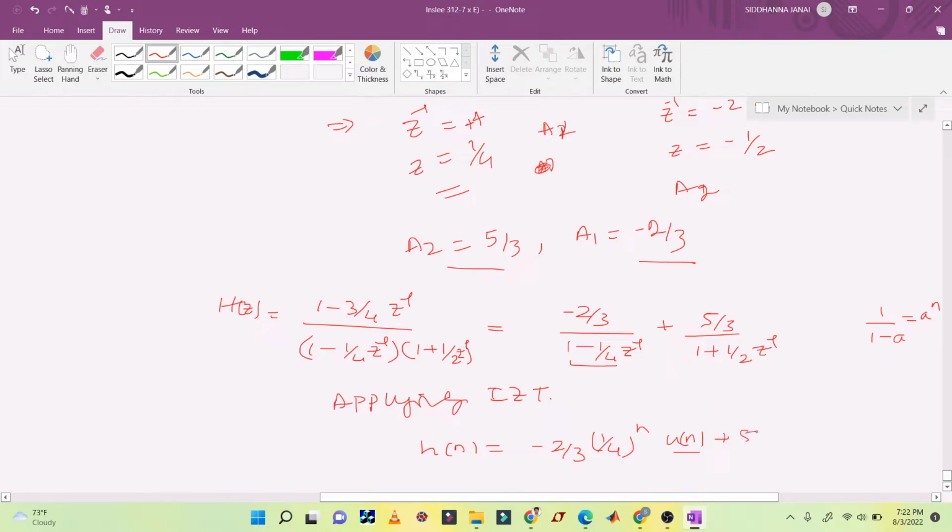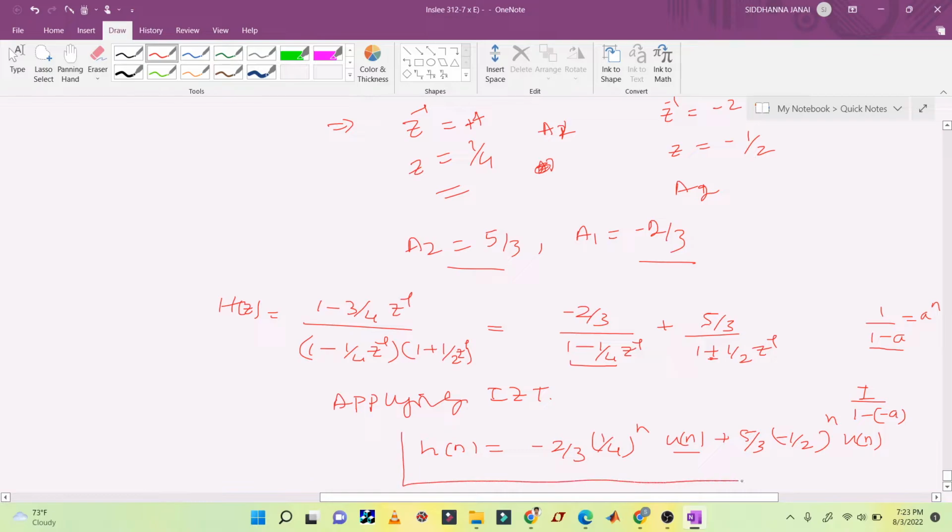Plus 5 by 3. Here you can see a is plus. We are expecting 1 divided by 1 minus a, but here it is 1 plus a. That means it is 1 divided by 1 minus of a, so we need to write minus 1 by 2 to the power n u of n.